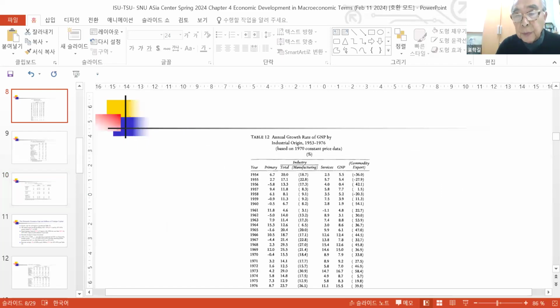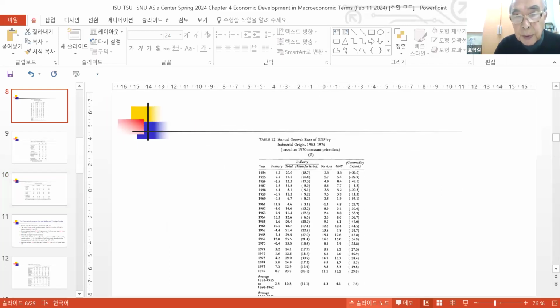It's hard for you to see, but here at the bottom, you have primary industry, farm products, and industry total manufacturing 11.1%, while farm products, farming increased by 2.5%. Service industries 4.3%. So dominantly manufacturing oriented GDP growth. Okay, you can identify that.